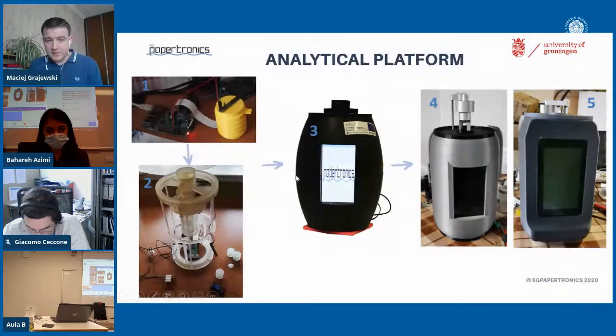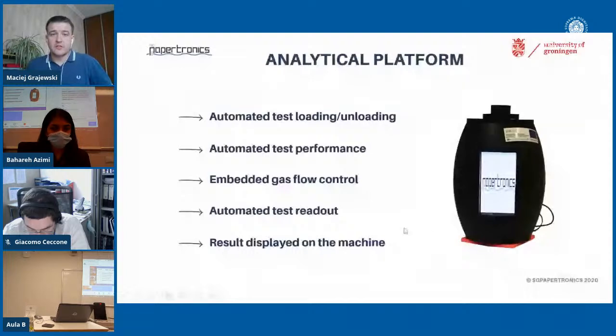Prototype number 2 was 85% printed. Prototype 3 was 90% 3D printed. In prototypes 4 and 5, the entire interior is made out of aluminum, which makes everything much more stable and reliable, which I don't need to mention is very important for a future product. So, a couple of capabilities of this platform, just to recap.